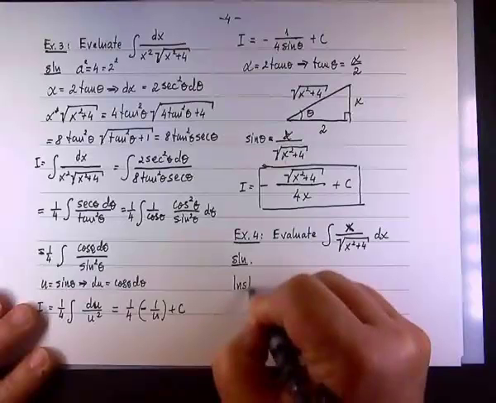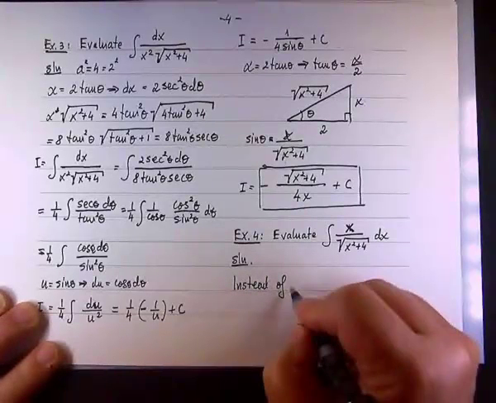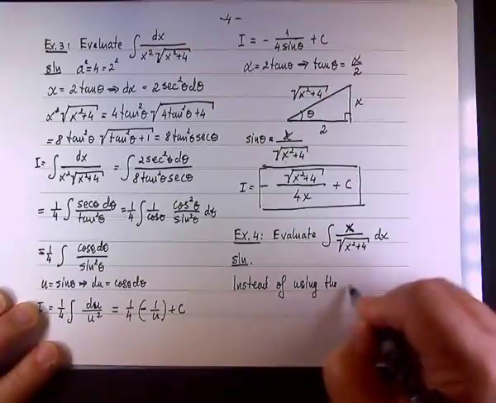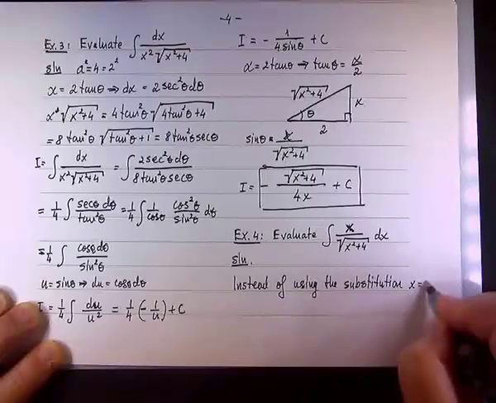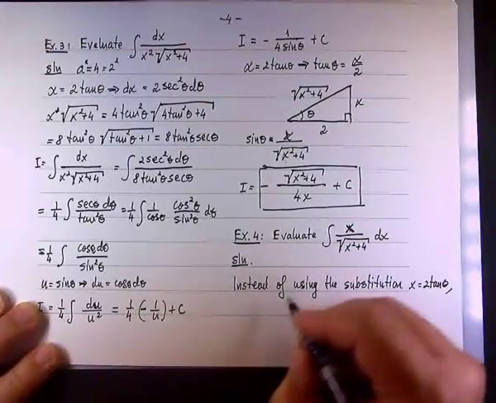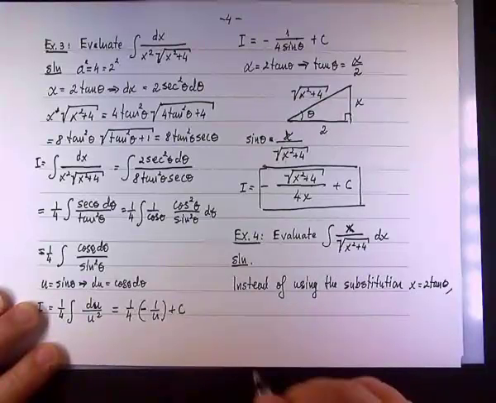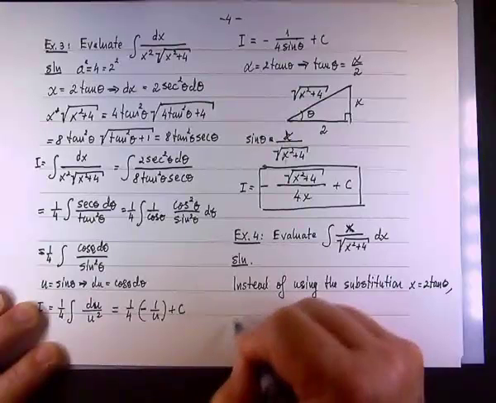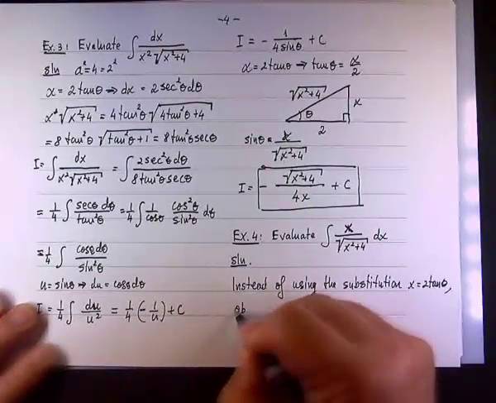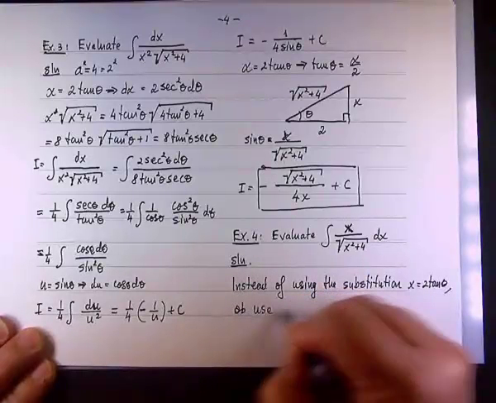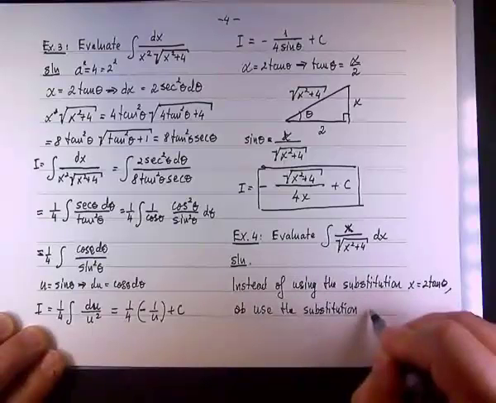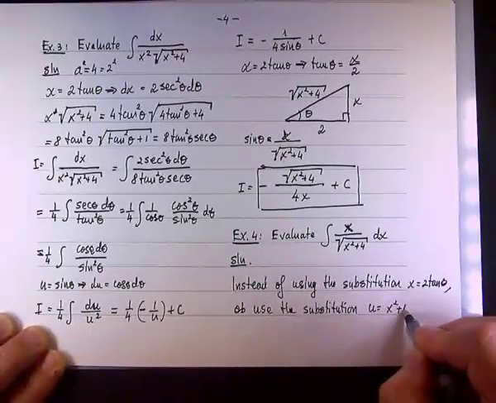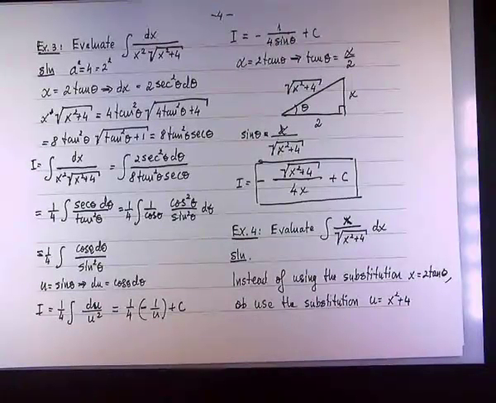Okay, so let me write a comment. Instead of using the substitution x equals 2 tangent theta, observe or use the substitution u equals x squared plus 4, and the reason is the presence of x dx.